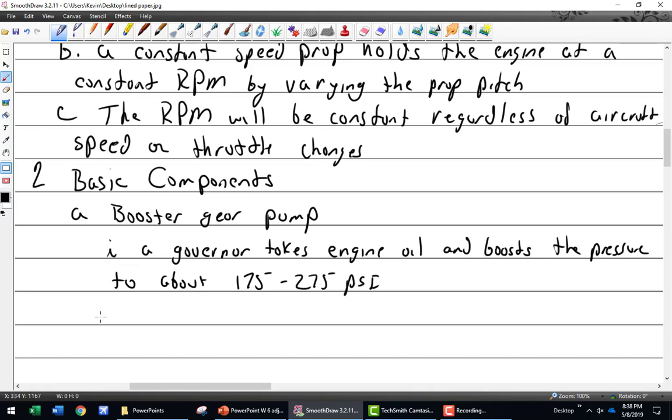That's a very general statement. Remember I told you about the Continental 240 that had to be much lower than that, and there are some aircraft that are going to go outside of that. The pump is a constant displacement gear type pump.